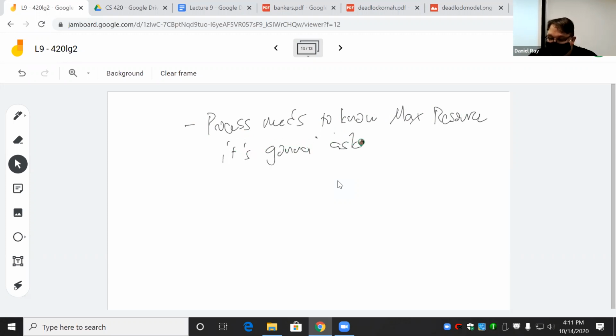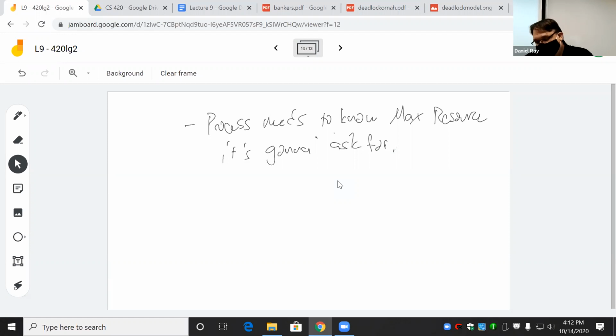That's a hard ask. You know, it's difficult. Think of the programs you write. You don't think about what's the maximum number of resources I'm going to ask for when I write this program, right? And how could a system exist that would even poll processes so that they could say how many resources they're going to potentially ask for?